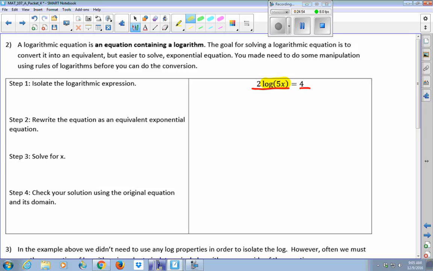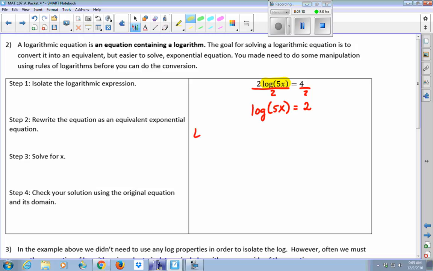Our x is now buried inside a log, right? So we've got to do some work to get it out of there. First we want to remove any extraneous material around it. We've got to remove all the leaves to get inside that log, so we're going to divide both sides by 2. So we get log of 5x equals 2.